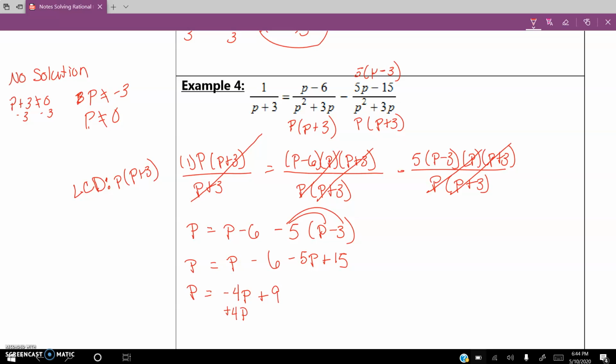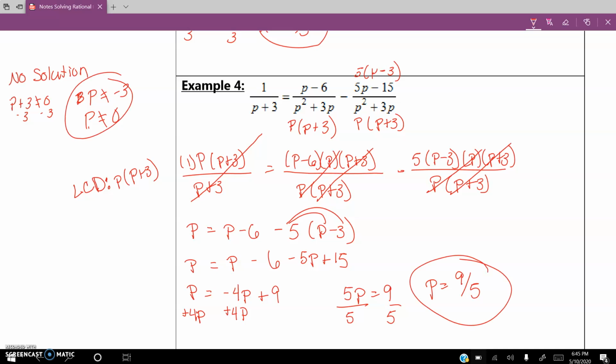Bring my p to the other side. Divide everything by 5. Is 9 over 5 one of my two things that I wrote down as no solutions? No, so I know 9 over 5 works.